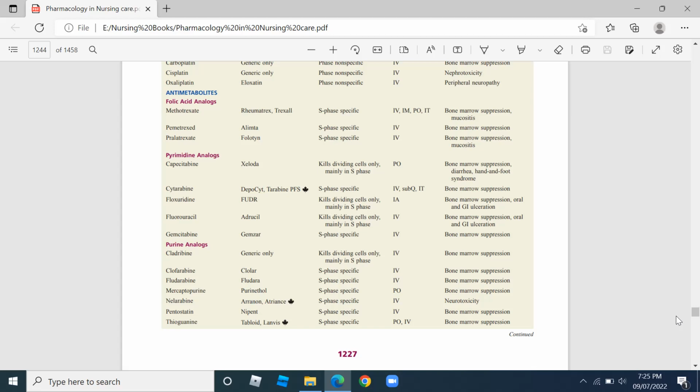In case of floxuridine, there are oral and GI ulceration, not only in floxuridine but also in fluorouracil, in addition to bone marrow suppression. Another drug showing a different dose limiting toxicity is nelarabine, with neurotoxicity. So this is the overview of the antimetabolites, which we will consider in the next lecture, inshallah.